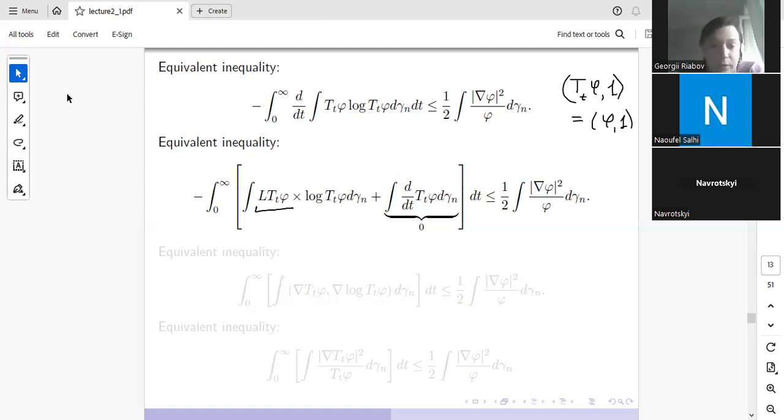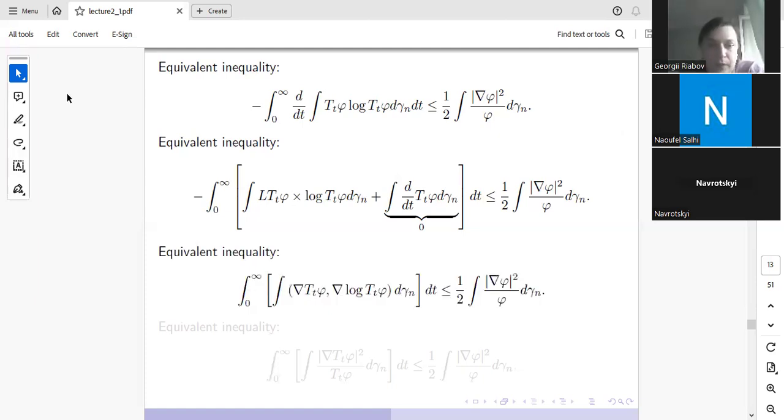Okay. Now we can use integration by parts, and instead of L, here we will get the inner product of the gradient of Tt phi times the gradient of log of Tt phi.